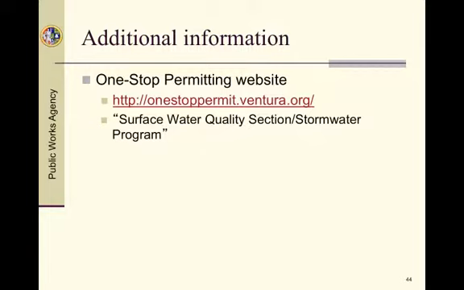For additional information, you can go to the One Stop Permitting website, surface water quality section of the stormwater program, and it lists all these different forms you require, the SW1, SW2, SWPCP, and it also identifies other rules and regulations that the MS4 permit regulates.